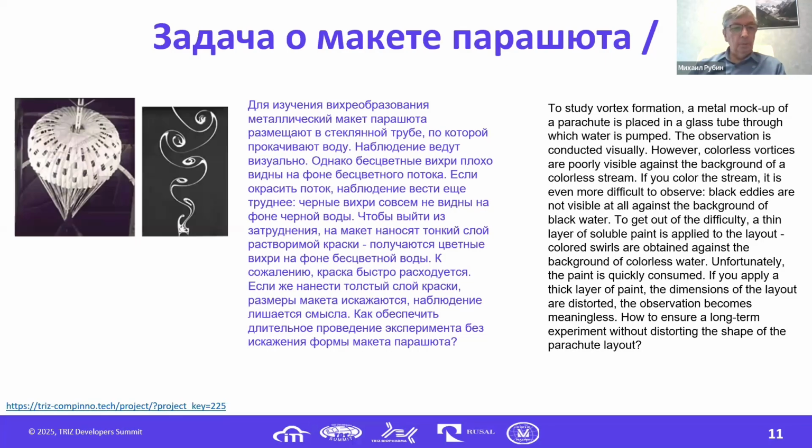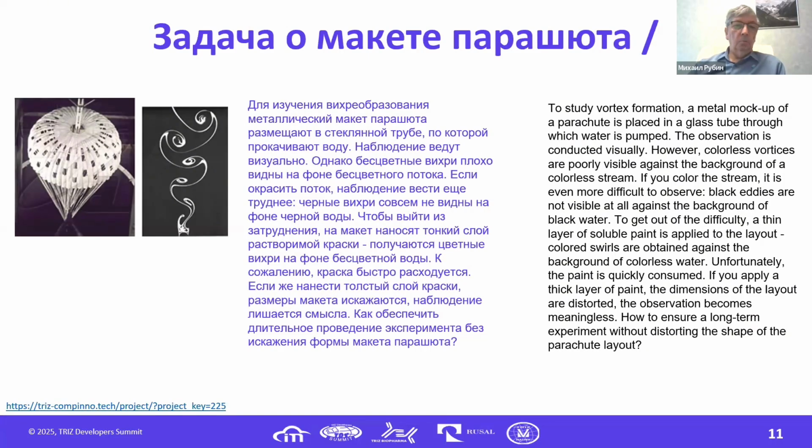This is the example on the vortex formation pattern of a parachute. This is a well-known classical problem, which many of you know about, when in a tube we have a flow of water, and then inside this flow of water we have a model of a parachute, and here we study those vortices that are created by this model.